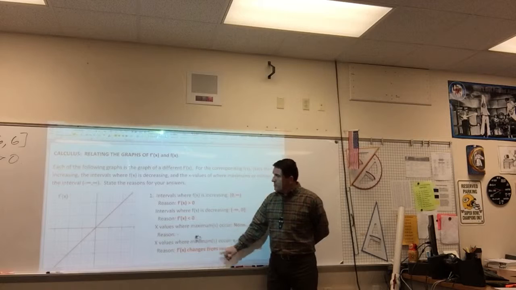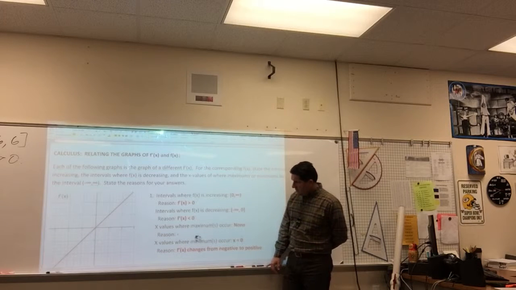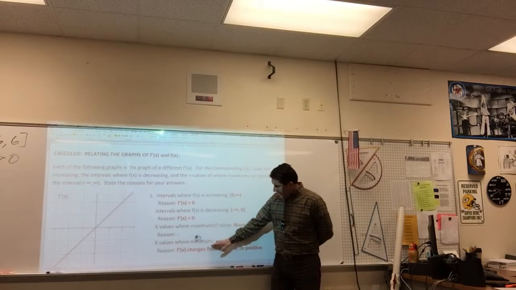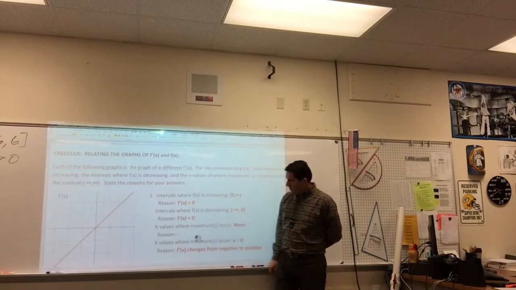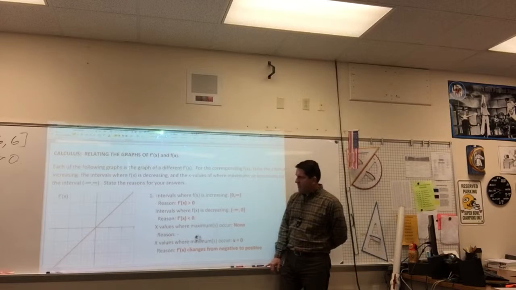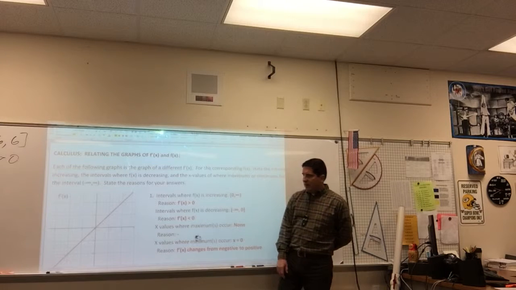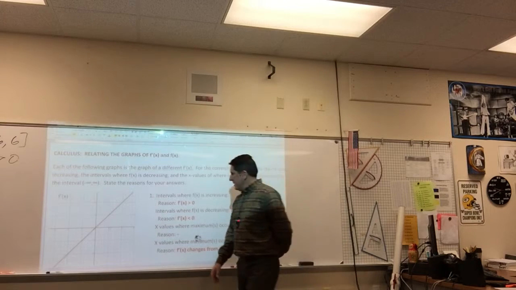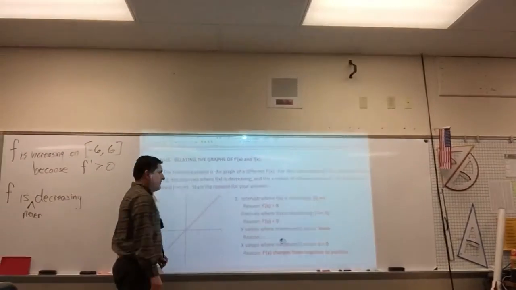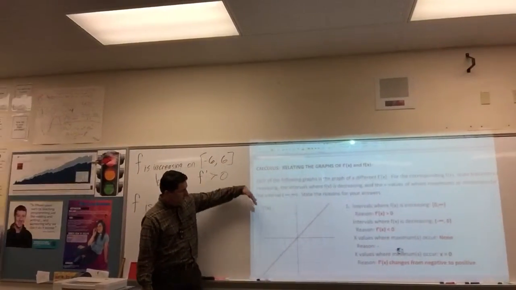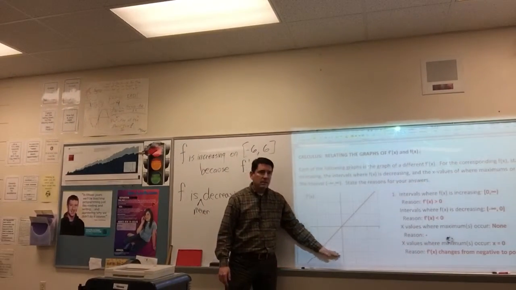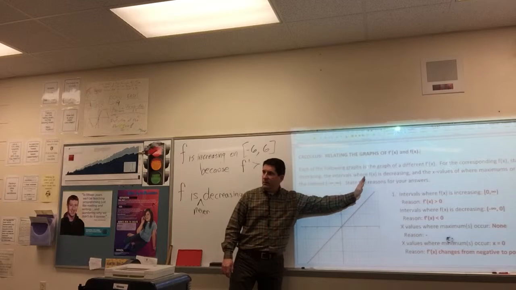Now, these last two questions are new. The last one we can answer: x values where minimums occur. Well, a minimum of a graph is a place where the function goes from decreasing to increasing.